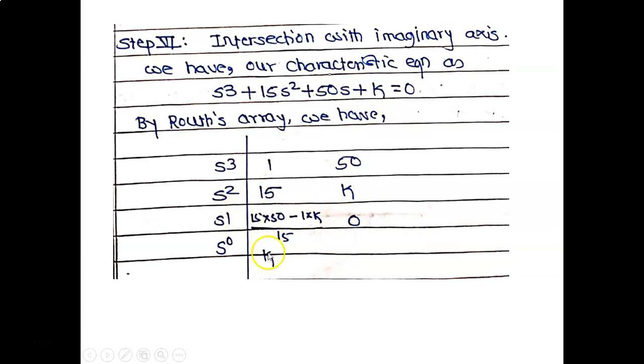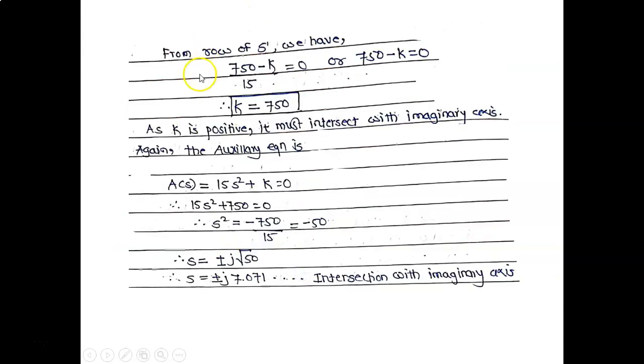Therefore we are getting in front of s raised to 0, K. Now from row of s raised to 1 we have 750 minus K divided by 15 is equal to 0, or 750 minus K is equal to 0. Therefore K is equal to 750.